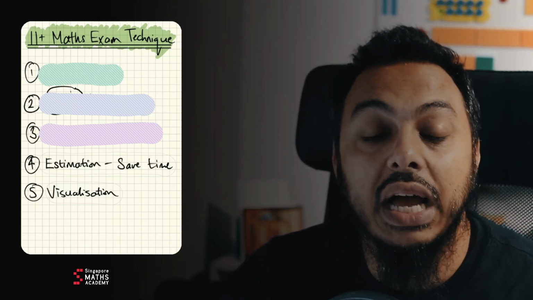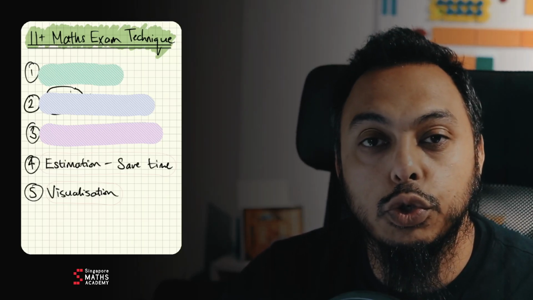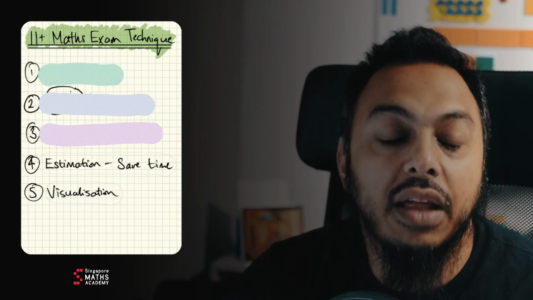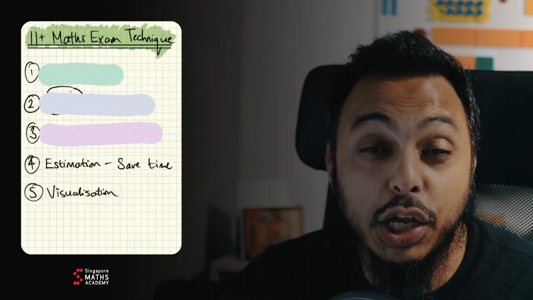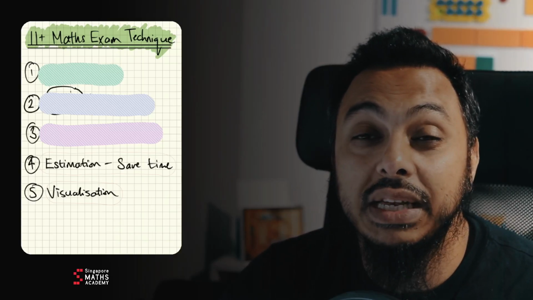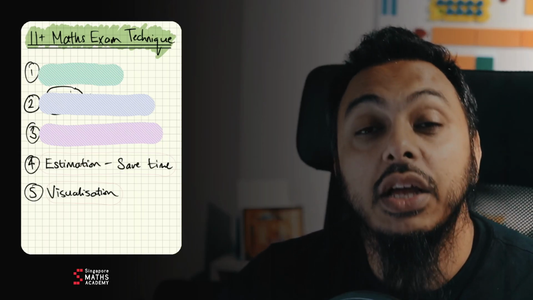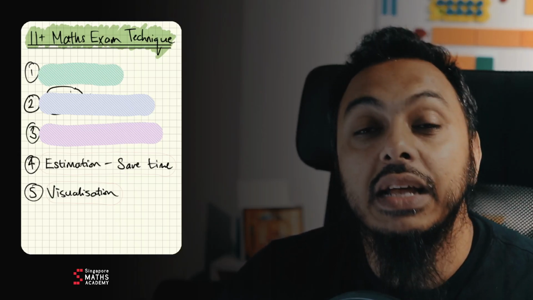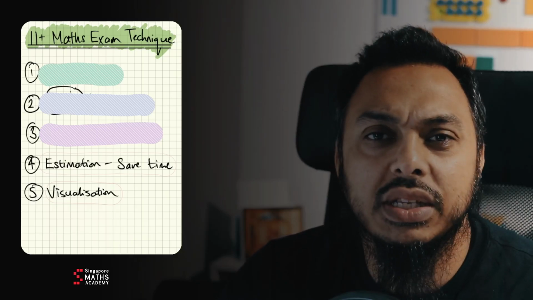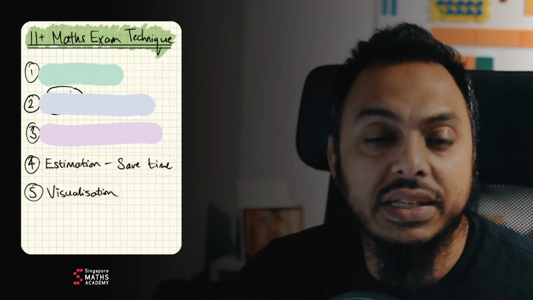If you haven't looked at our previous 2 videos, have a look at them on either TikTok or YouTube, and you'll see 2 really good examples of where estimation can save us a huge amount of time rather than trying to be perfectly accurate. Because in GL exams especially, you have 5 multiple choice answers to choose from, and therefore it's really simple. If there is a big vast difference between the answers, estimation can save you a huge amount of time.